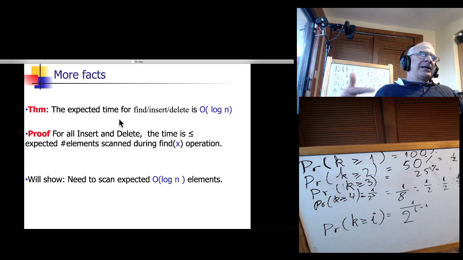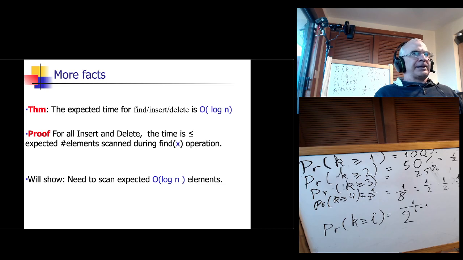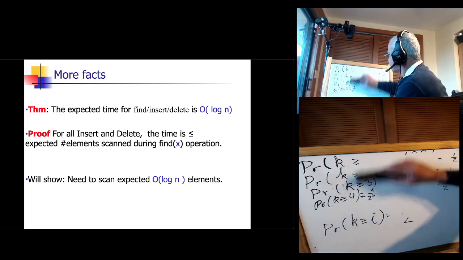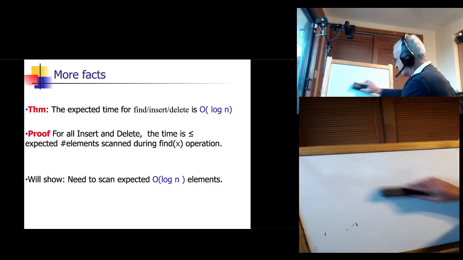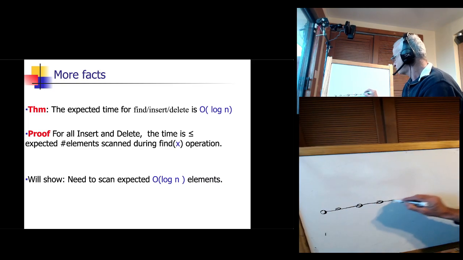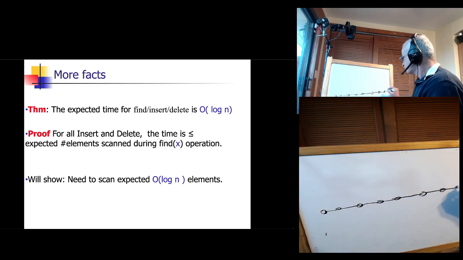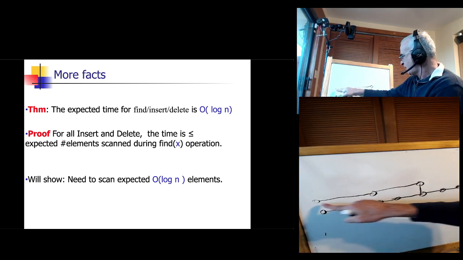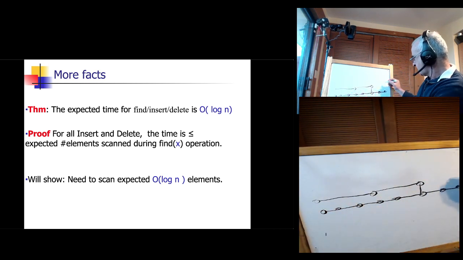And it's only a proof in an average sense. And the proof goes as follows. What do I do when I insert an element? When I insert an element in the skip list, I need to scan through a few elements until I find that X, the new guy, is coming here, and add it.